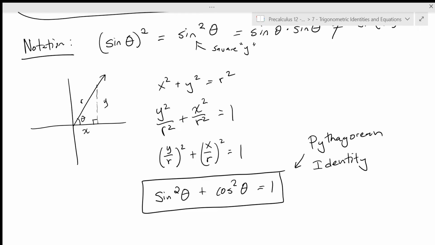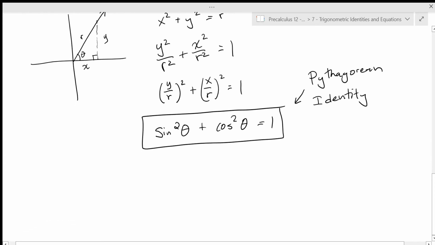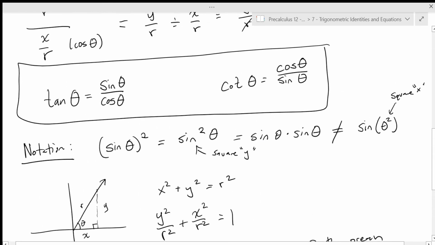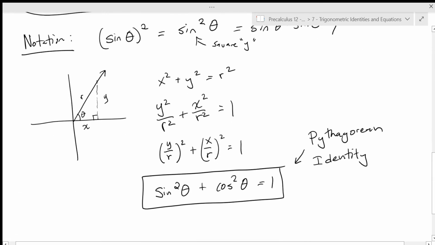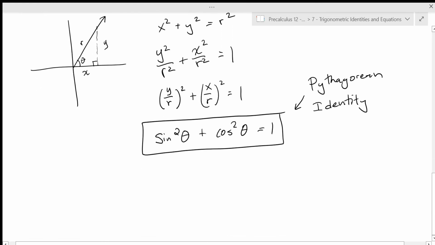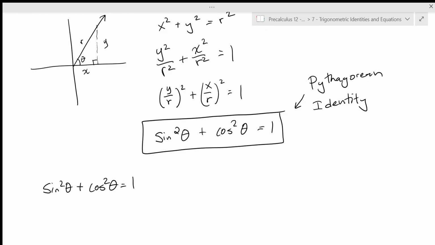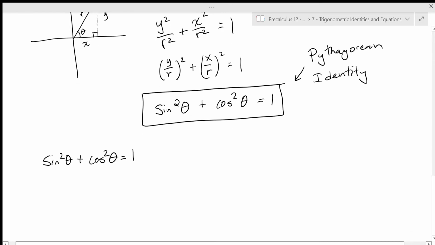There are a couple of corollaries to that, when we combine our Pythagorean identity with our tan and cotan identities. We can get some identities that arise from this, or just different ways to write the same thing. So let's write sine squared theta plus cosine squared theta equals 1. Now I'm going to divide everything by cosine squared theta, and put the 1 over there.